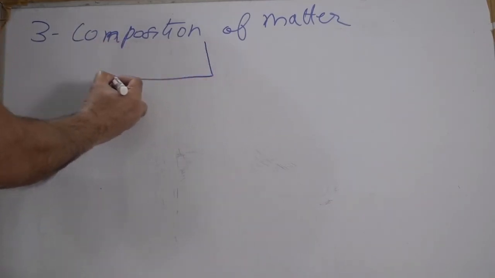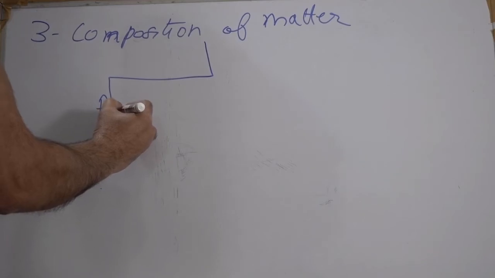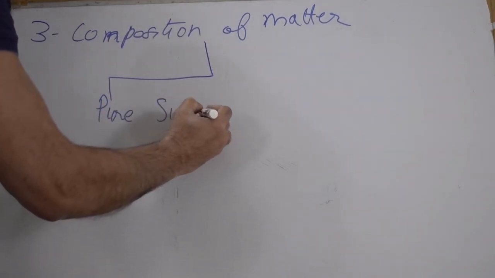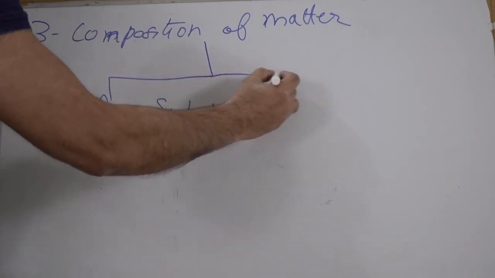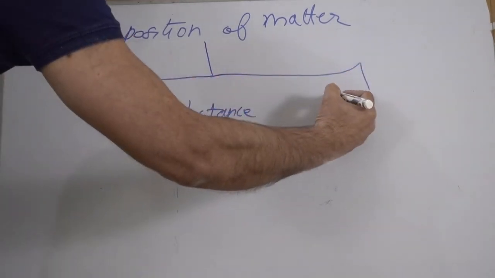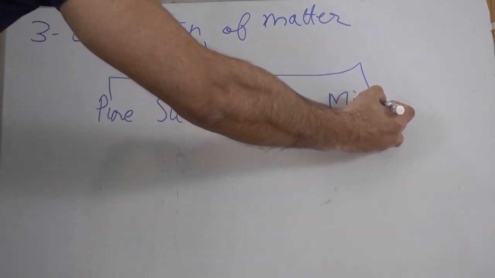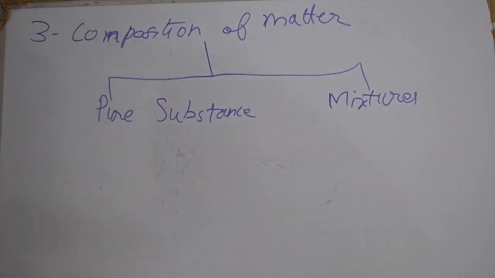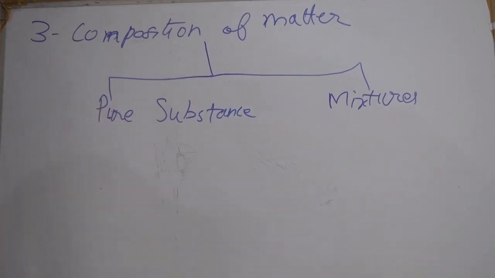Matter can be pure substances or can be mixtures. Remember that nothing can be 100% pure. Practically, that's not possible.